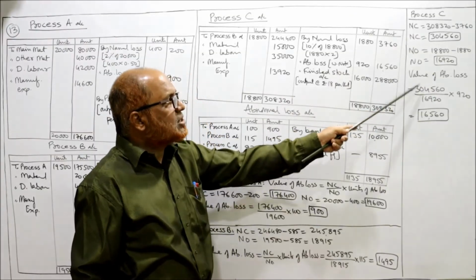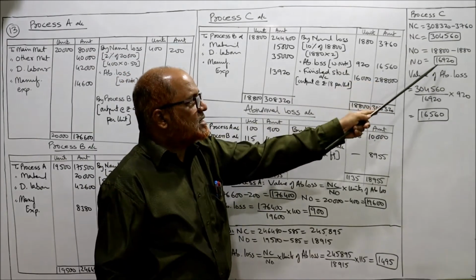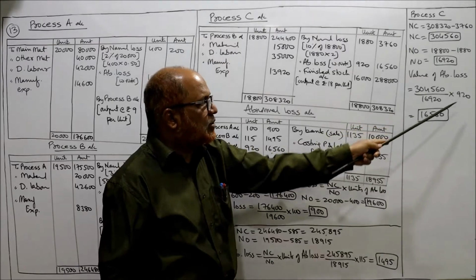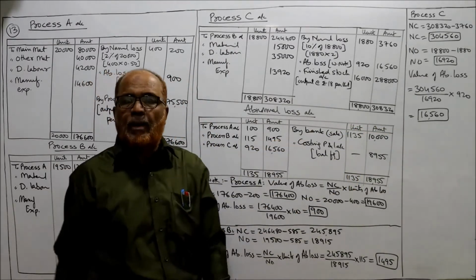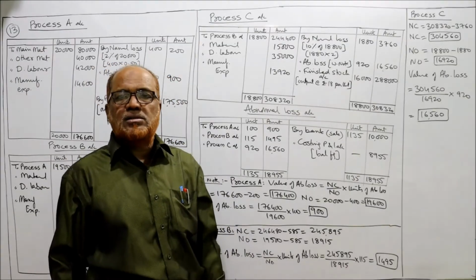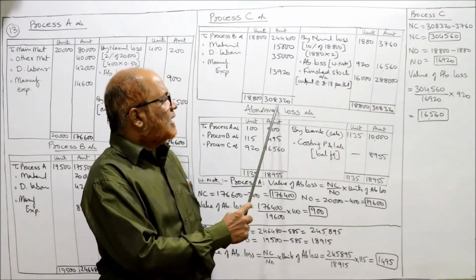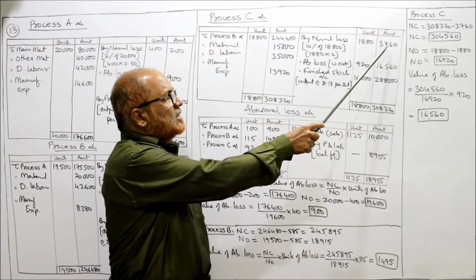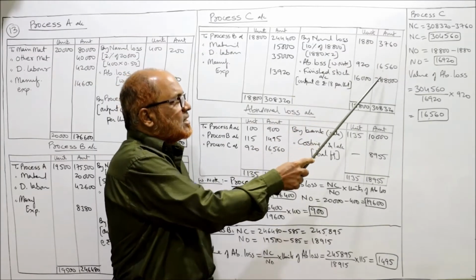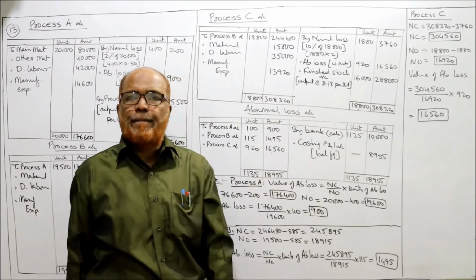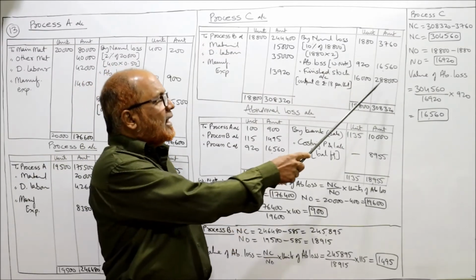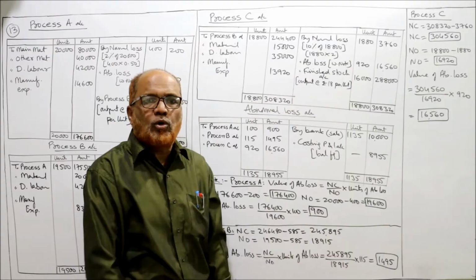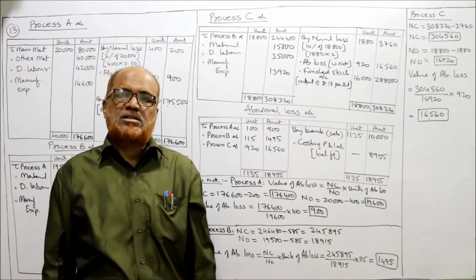The value of abnormal loss, 3,04,560 divided by 16,920 into 920. 16,560 is the value of abnormal loss. Now balancing figure. Take the total and subtract 3,760 and 16,560, 2,88,000 is the value of the output. Now divide 2,88,000 by 16,000, 18 rupees per unit is the cost.